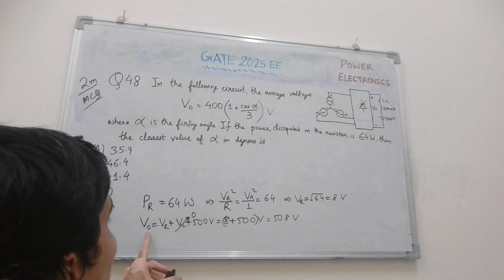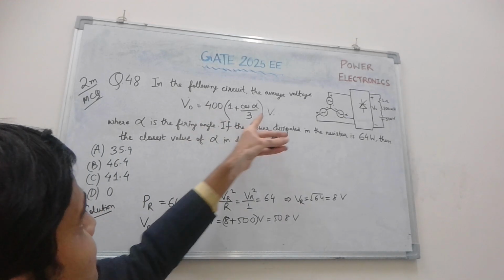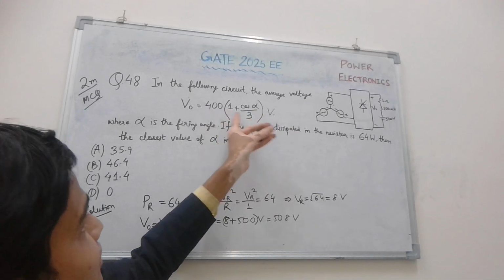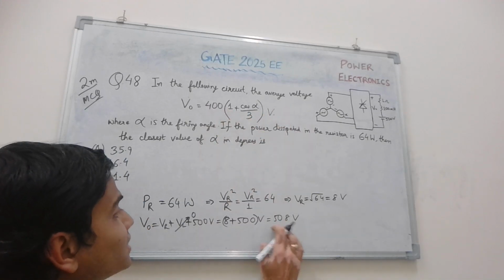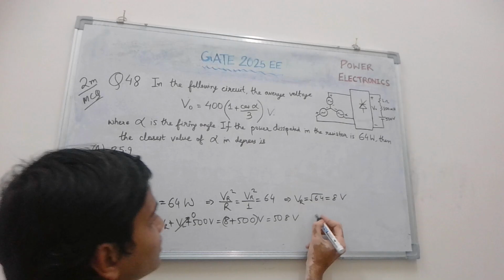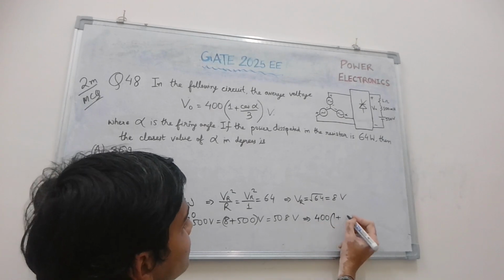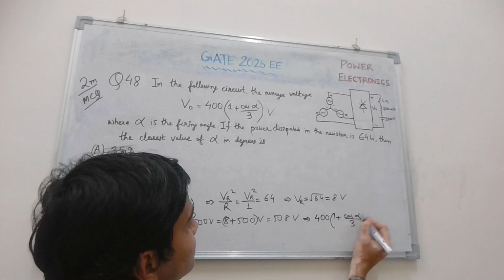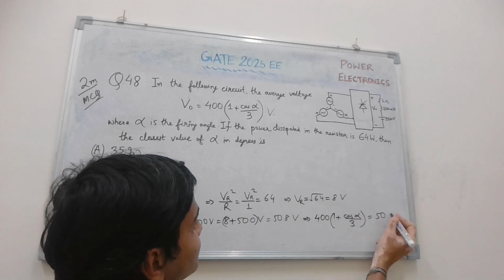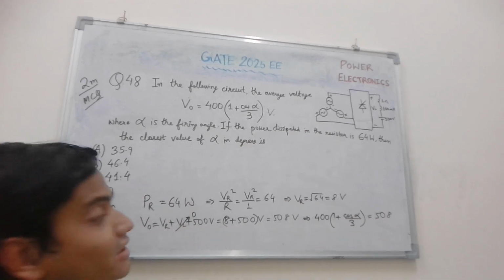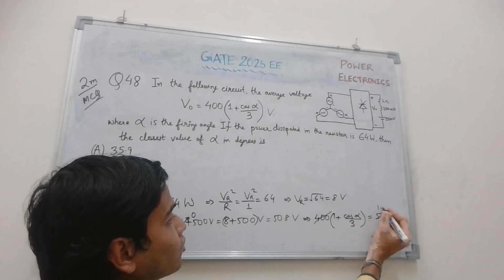Now this V0 value, the average voltage, was given in the form of alpha. The function of alpha is this. So you can equate this value with the one given. So what we get? 400 into (1 plus cos alpha) by 3 equal to 508. If you simplify it, this will cancel, 1.27.